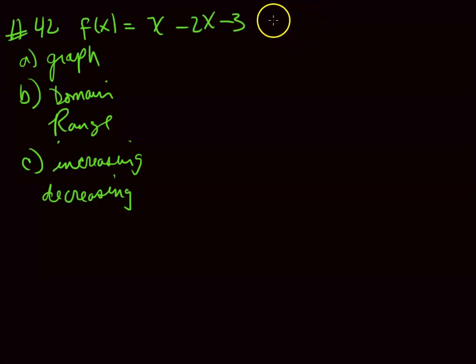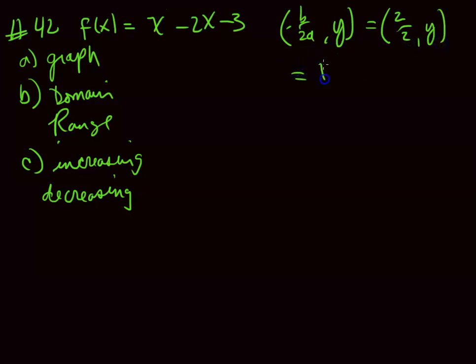Well, what is the vertex? Let's see. We're going to use the minus b over 2a method and then plug it in to get y. The opposite of b is 2, and 2 times a is also 2. So it is 1. Plug in a 1, you get 1 minus 2 minus 3, or a negative 5 and a positive 1 is a negative 4.